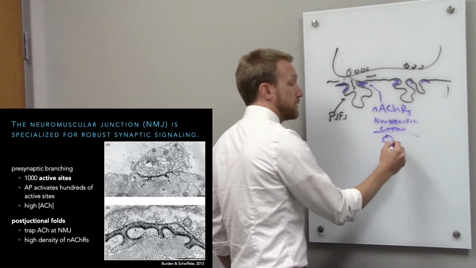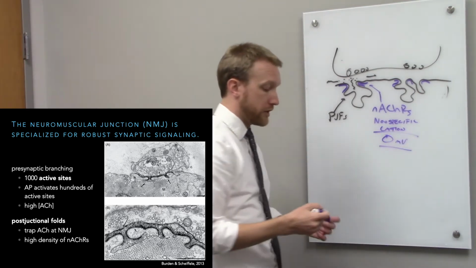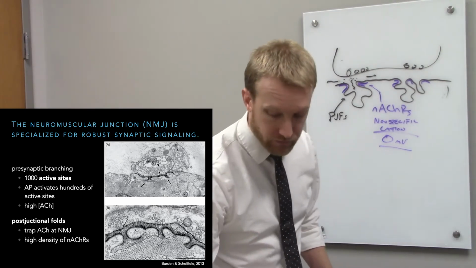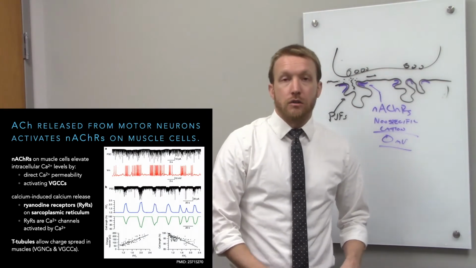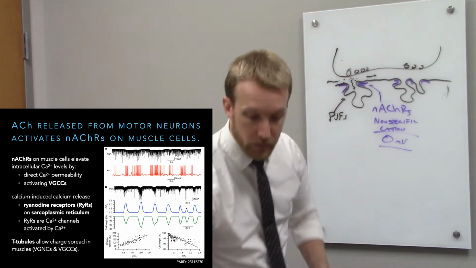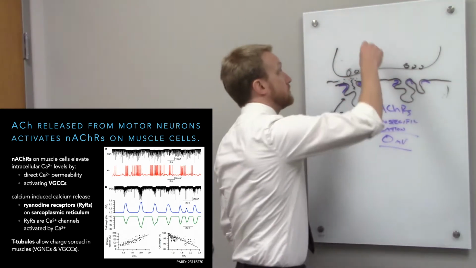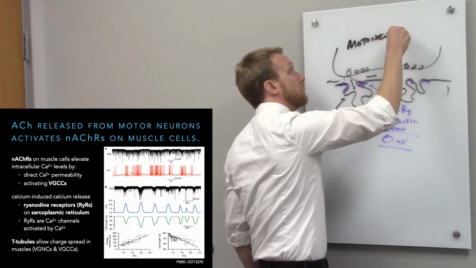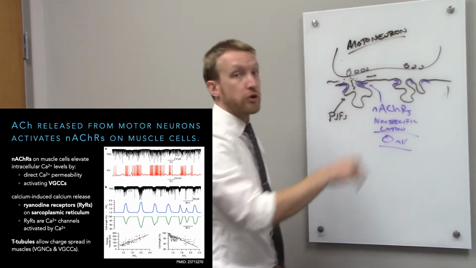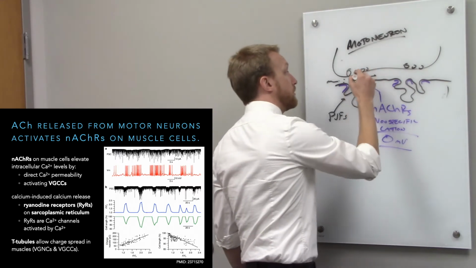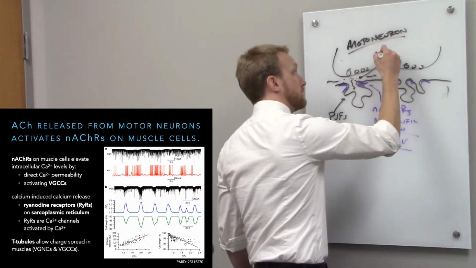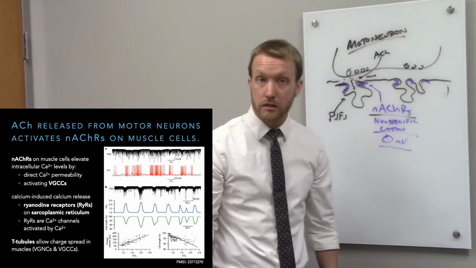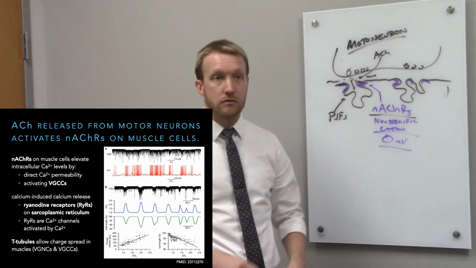So they reverse around 0 millivolts, which is well above the threshold needed to generate an action potential in the muscle. So when we release acetylcholine from a motor neuron, sometimes we just put it together in one word, motor neuron. They release acetylcholine. That stimulates nicotinic acetylcholine receptors, and we depolarize the muscle. Cool.